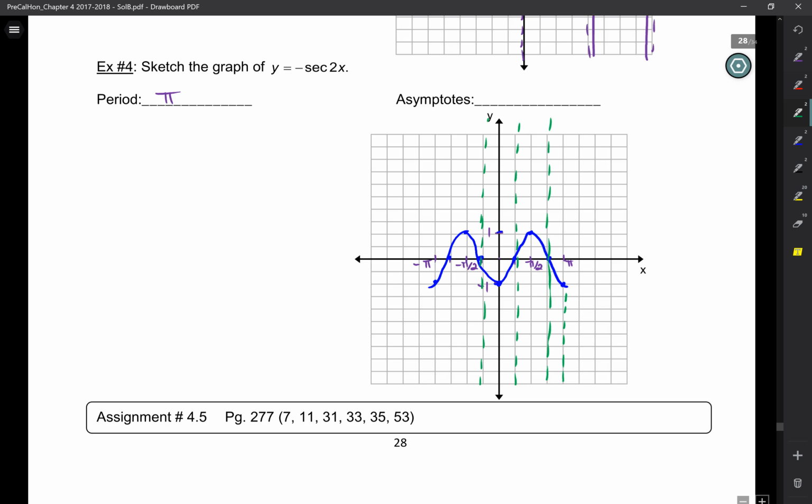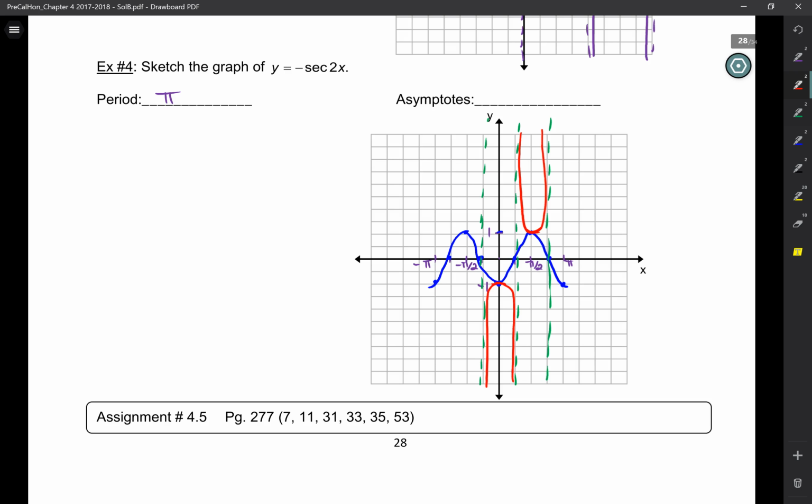Here. Okay? Does that look right? Now, secant here and here. I'm sorry, secant. I can't answer 2 questions at the same time.